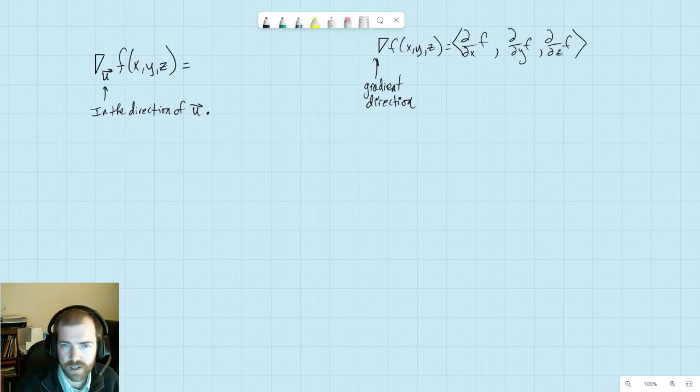So again, this is the direction of steepest, I mean, I usually say descent, but could technically be ascent then.